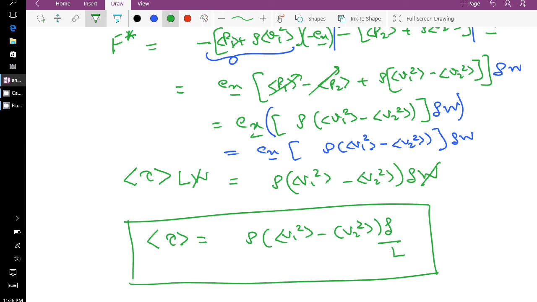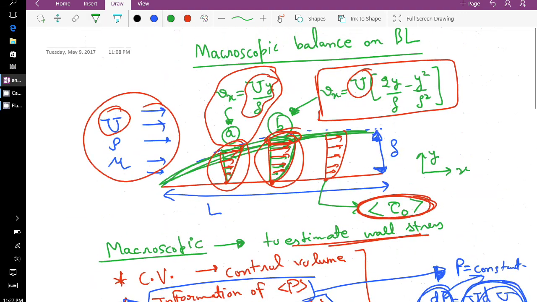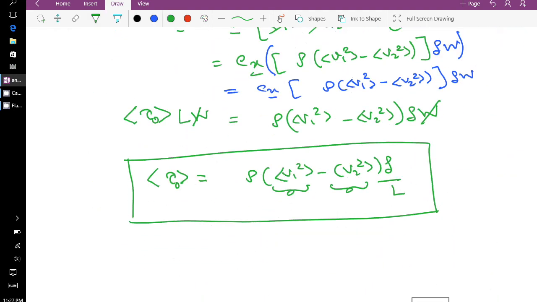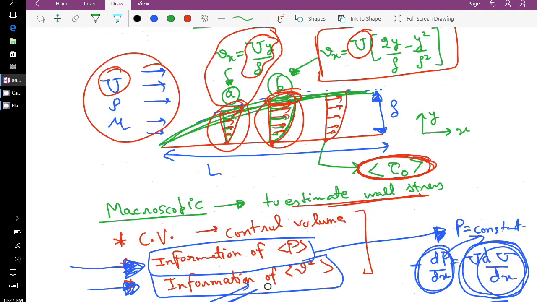So this is the stress that we are after, or you can call it tau naught. It basically depends on this v1 square and v2 square. You can imagine if I assume the velocity profile within this boundary layer to be flat, that the velocity profile is constant everywhere, just capital U everywhere, this will go to zero, because the capital v1 square will actually be u square, since the velocity profile is the same everywhere in the initial region.